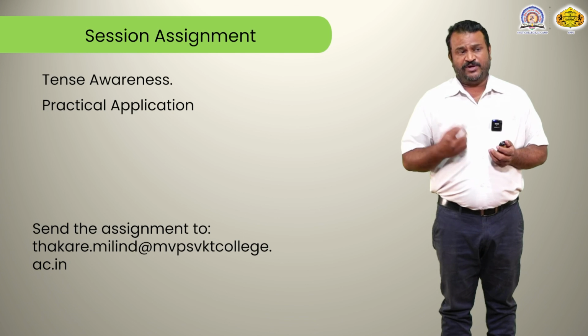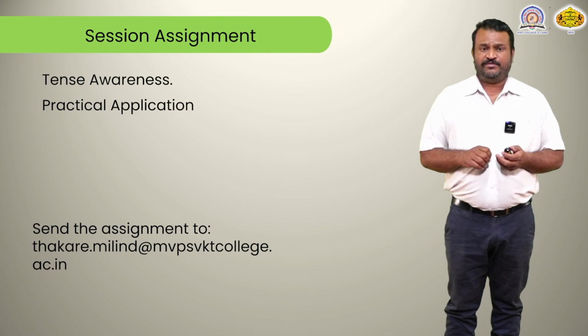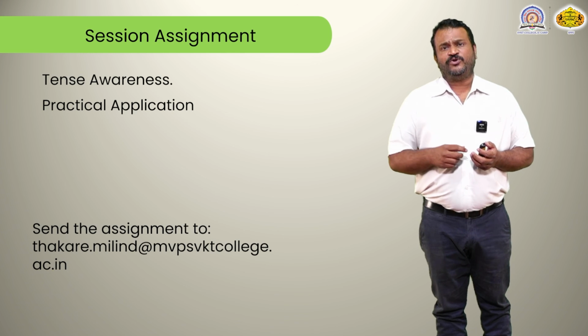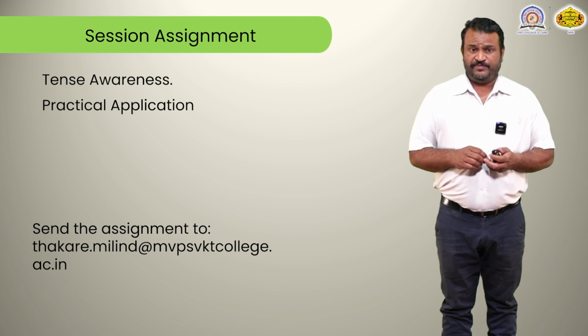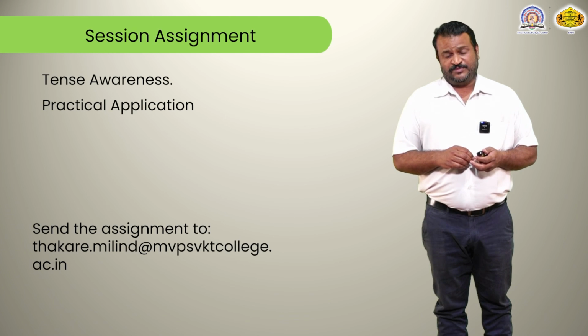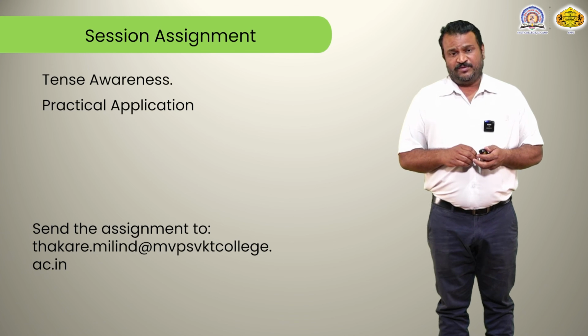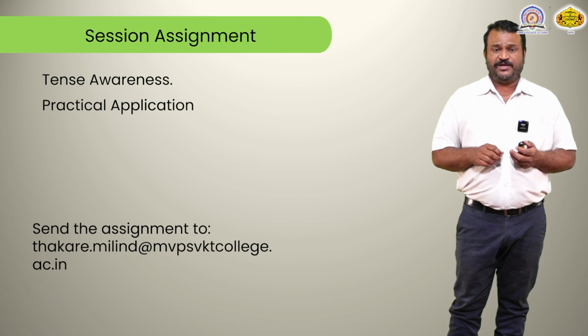Whatever is happening around you at the time, whether it is raining, speak to yourself: it is raining, it is thundering, it is lightning. Whatever you see around should be expressed in present continuous tense.